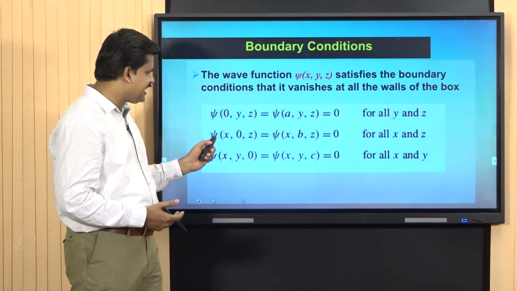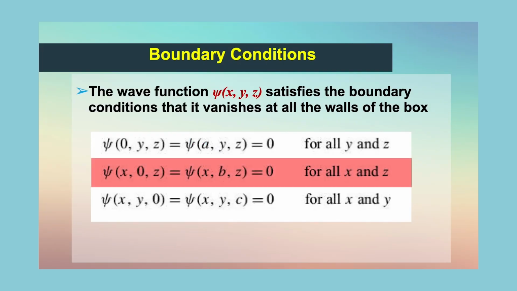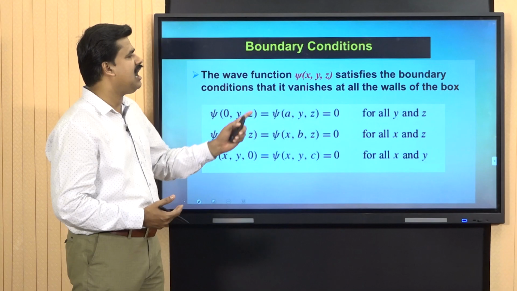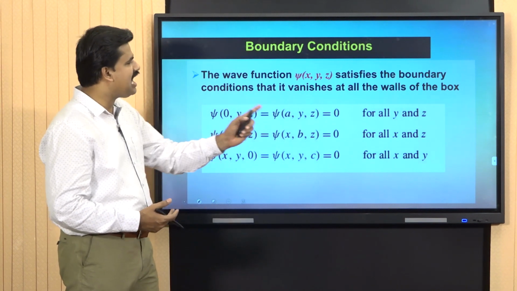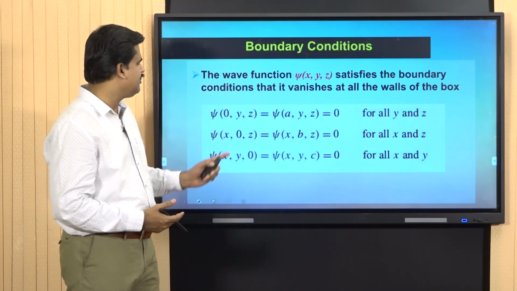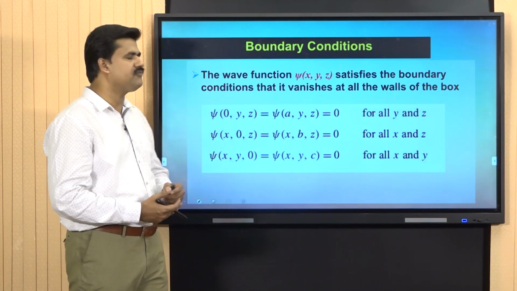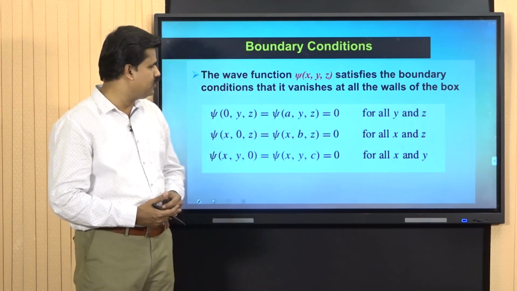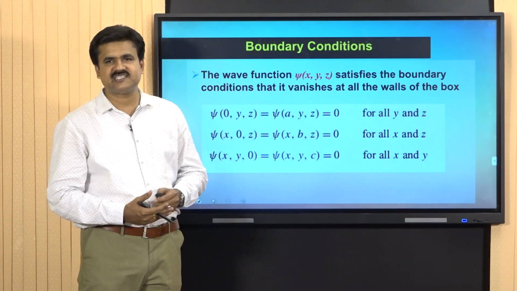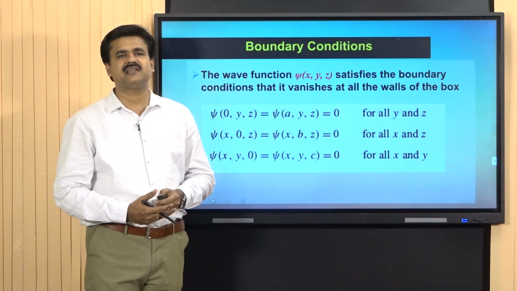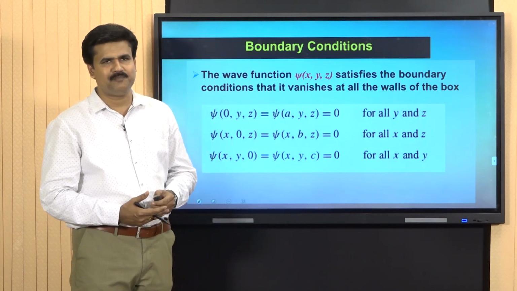Psi of x, 0, z equal to psi of x, b, z equal to 0 for all values of x and z. Finally, for all values of x and y, we can designate it as psi of x, y, 0 equal to psi of x, y, c equal to 0. This is about the boundary conditions that describe the particle in 3D box problem.